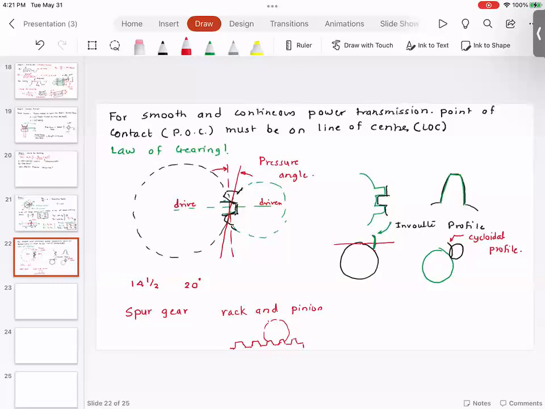So you have the pinion and you have the rack. You can have a helical gear. You can have a worm gear, worm wheel. You can have a bevel gear. And depending upon the application, you can choose the appropriate type of gears.